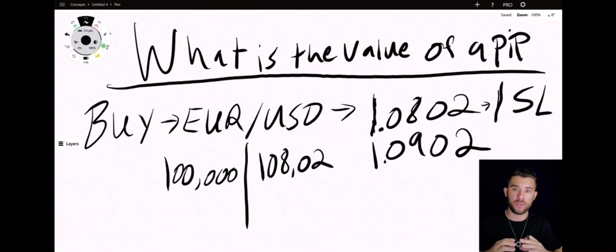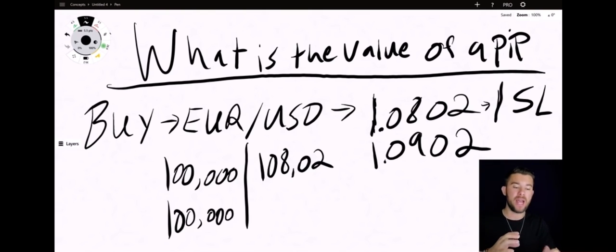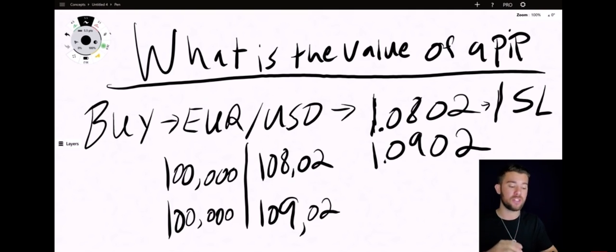In this case, you bought the euros and the market went up from 1.0802 to 1.0902, meaning that you still have the same 100,000 euros that you are holding, but now instead of them having a value of $108,002, because the exchange rate has gone up, they now have a value of $109,002, and that's where you're getting that $1,000 if you're trading a standard lot. So that's the way a pip works if you're trading a standard lot.